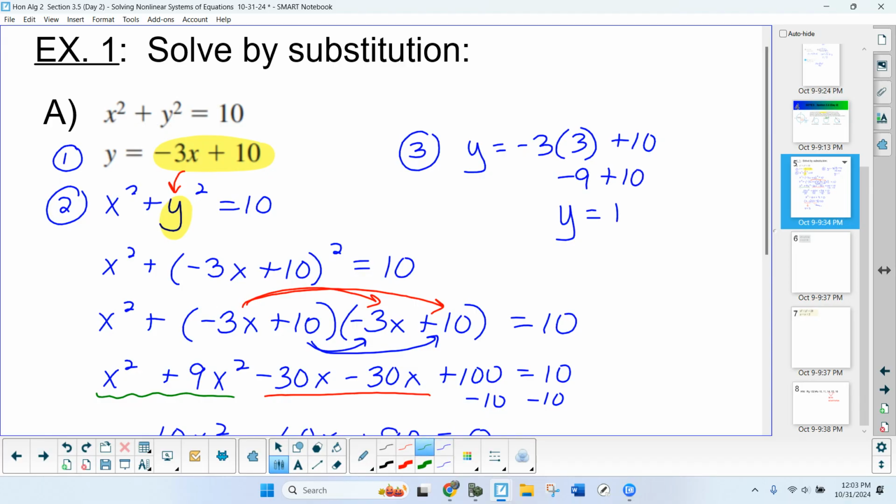So, it's the point 3, 1. No negative. 3, 1. So this one had how many solutions? 1 solution. All right. Questions on example 1.